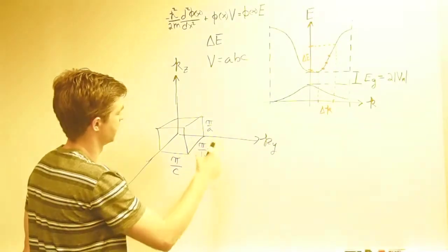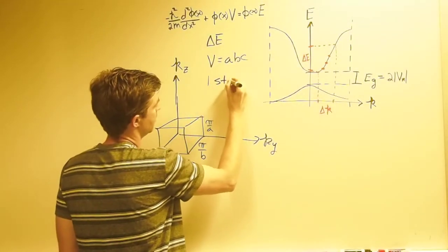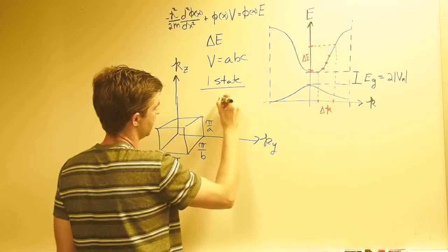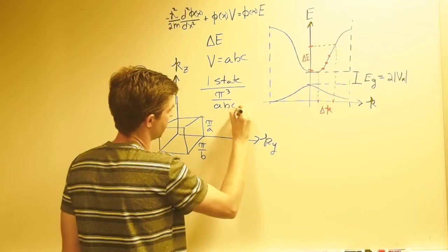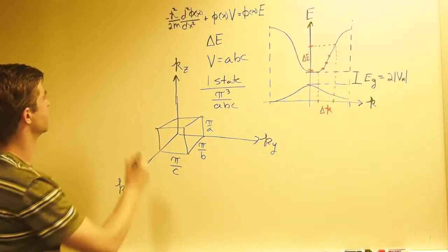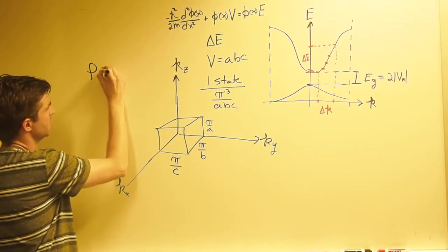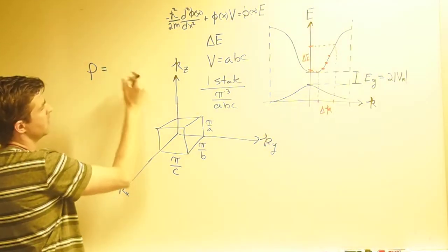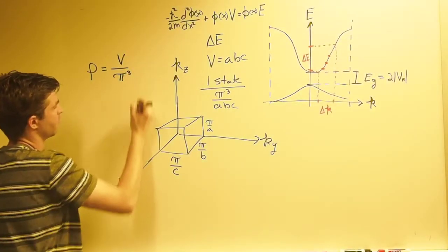So we know that one state is in some volume pi cubed over ABC. And we can rewrite that as rho, and let's call it rho for now, is equal to ABC over pi cubed, which is just V over pi cubed.